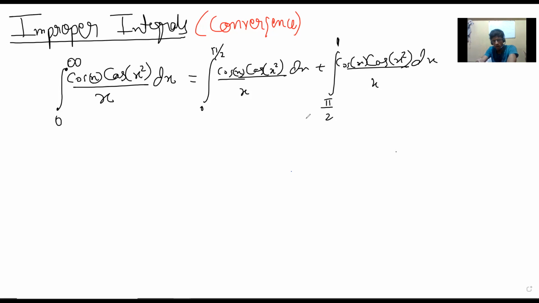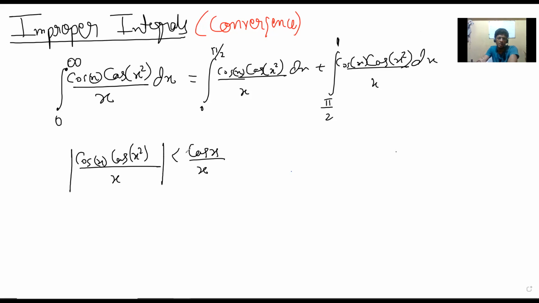Okay. So what do you compare this with? So this is less than cos x over x and bigger than, okay, no, that will not work, I think, but let's see. Let's see where it goes. Modulus of this is less than modulus of this. Okay.